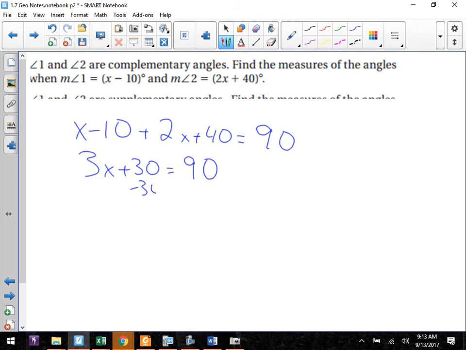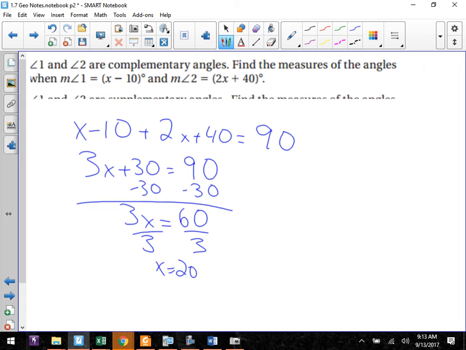Subtract the 30. Divided by 3. If your value of x is going to be 20, your two angle measures are going to be 10 and 80. Okay? 10 and 80.